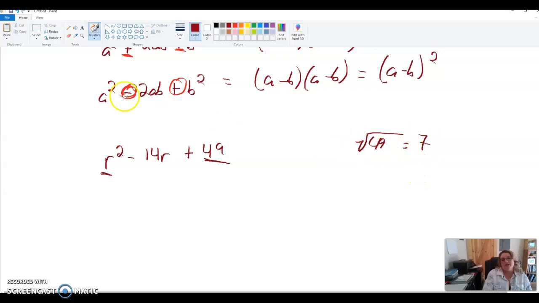So our next question is, we have a negative 14 in here. Well, if we had a negative 7 times a negative 7 to give us this positive 49, and we combined negative 7 plus a negative 7, that will give us our negative 14r. So this shows us that we have r minus 7 times r minus 7, which is a perfect square. So we have r minus 7 squared.